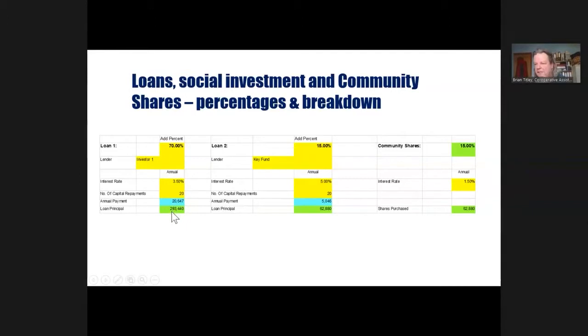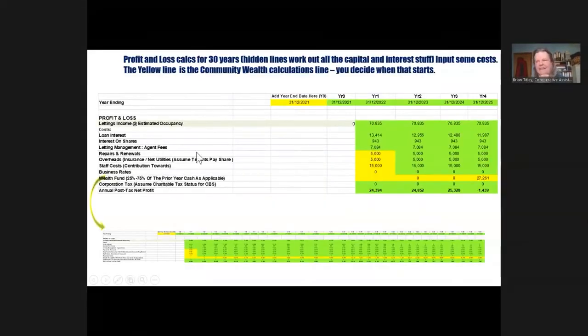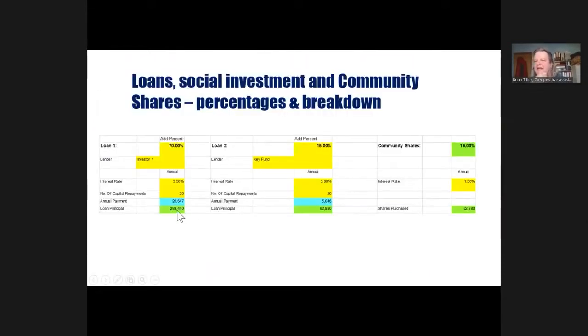This gives you the idea of what the annual payment will be, and also it gives you the split, based on that percentage, of how much will be drawn from each of the types of loans and the community shares.